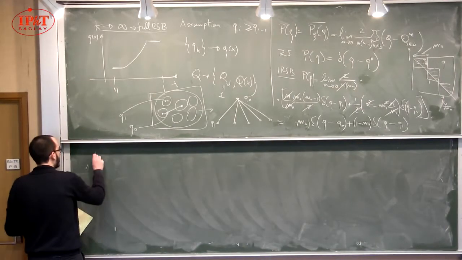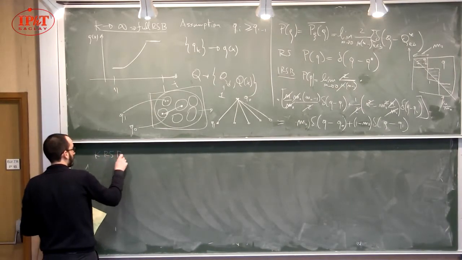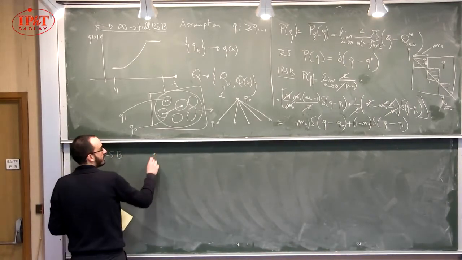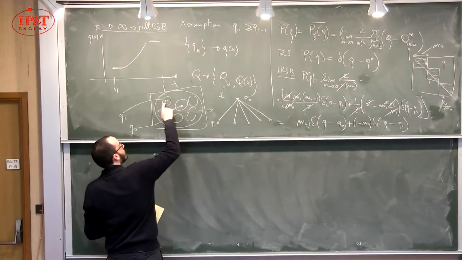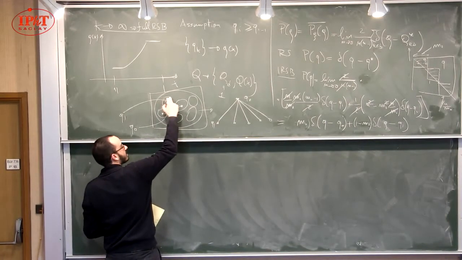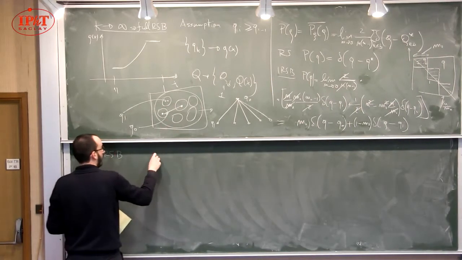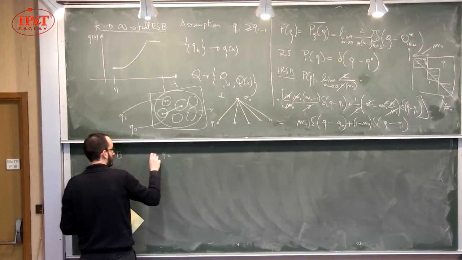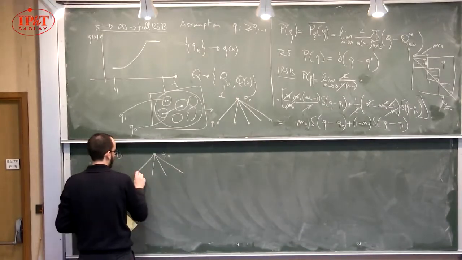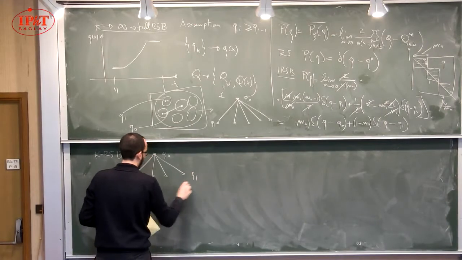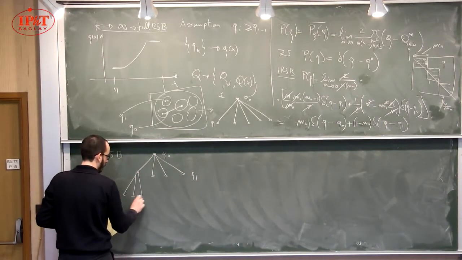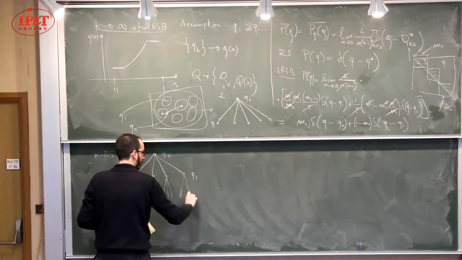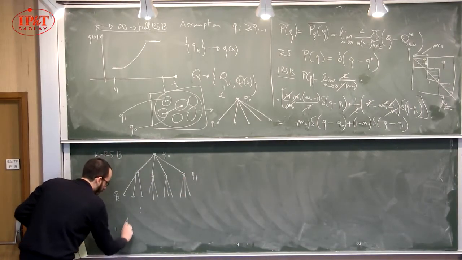Okay, so if you take the KRSB level, what you have is a similar structure, but then here you have subclusters at any level, up to the K level. So you have Q0, then you have Q1, then you have Q2, and then up to the end where you have QK.